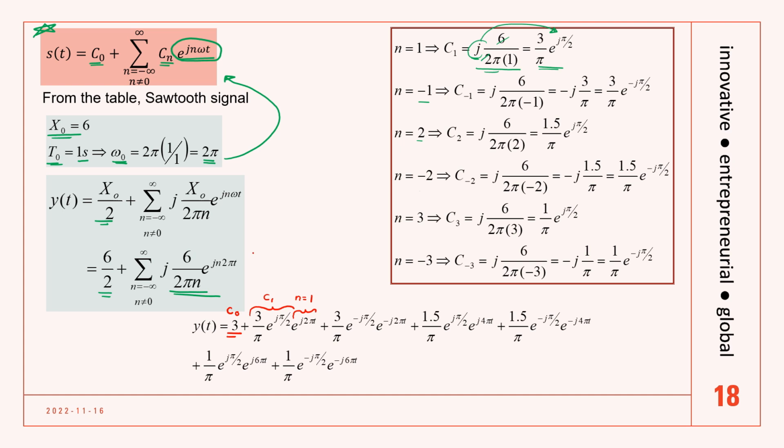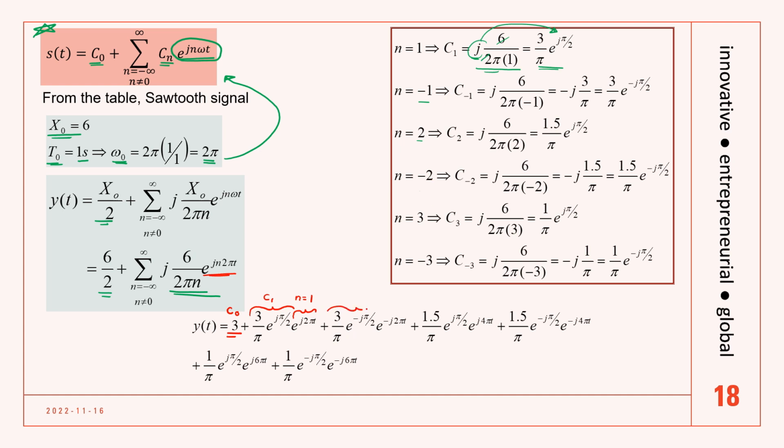Don't forget behind here, this is coming from the exponential j n 2 pi t. And then the second component is the -1.